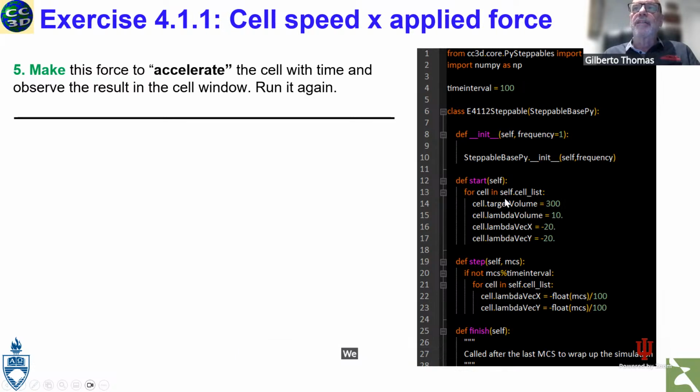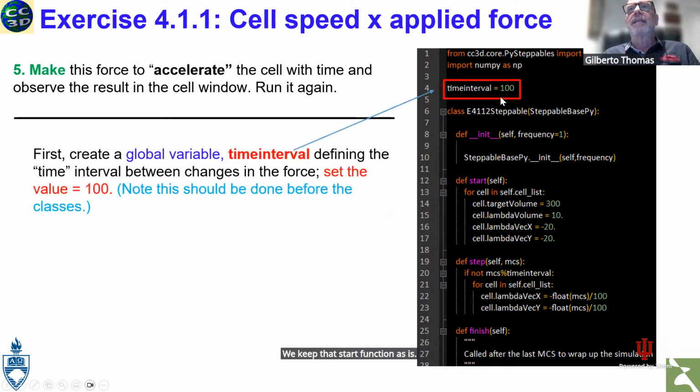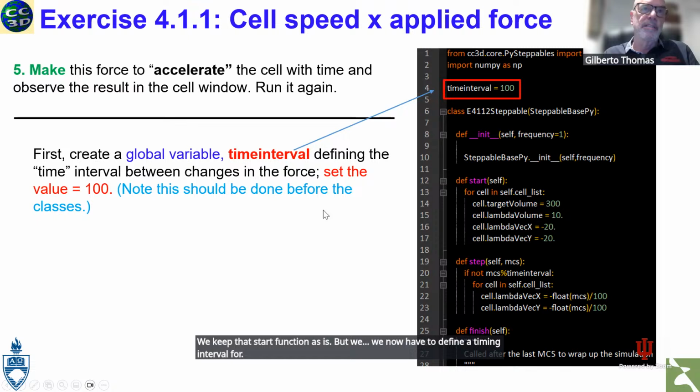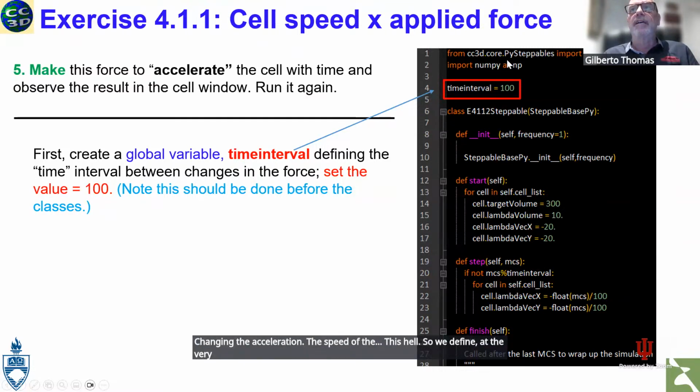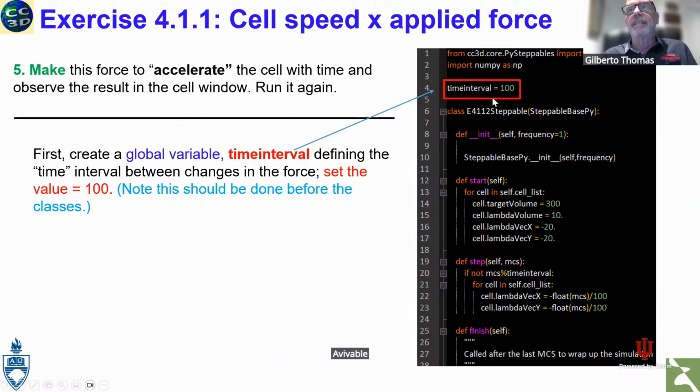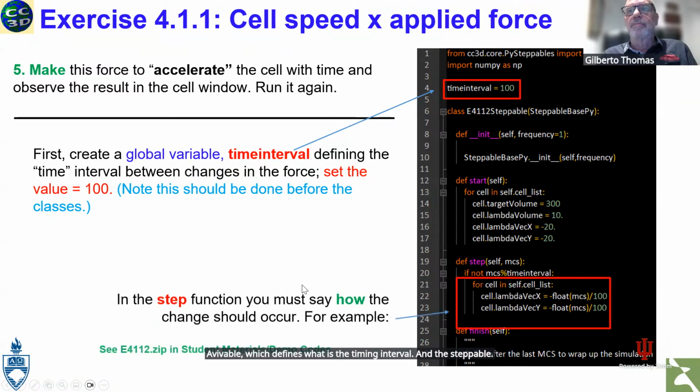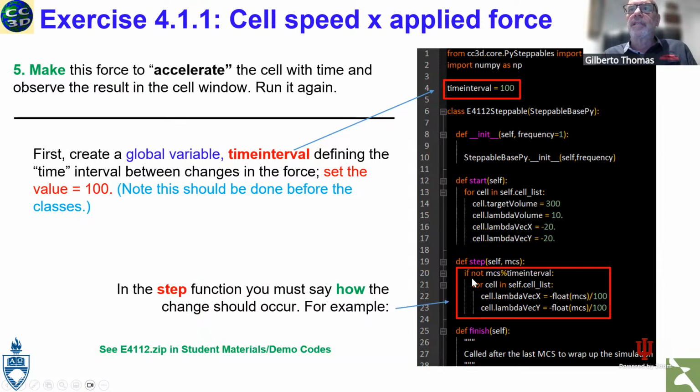We keep that start function as is, but we now have to define a time interval for changing the acceleration, the speed of the cell. So we define at the very beginning of the steppable a variable which defines the time interval. And in the steppable, I include this block here.